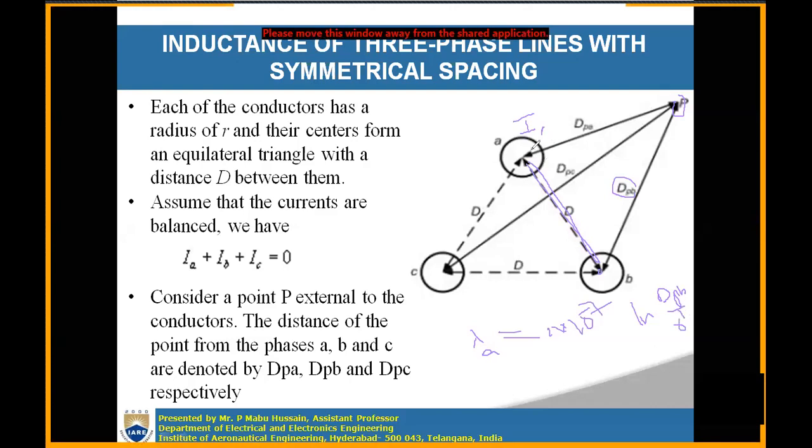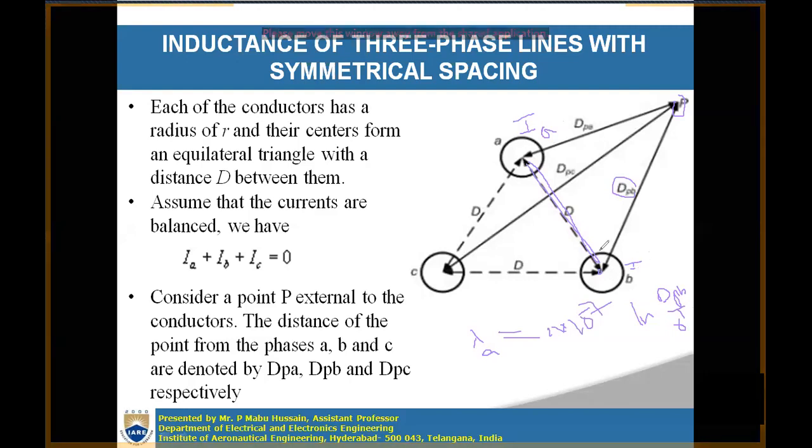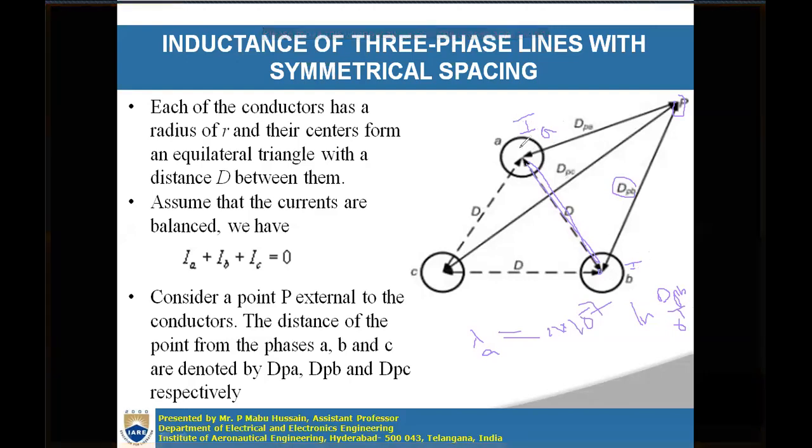Now the flux linked by the conductor not only depends upon the current flowing through IA, it also depends upon IB. When current flows through conductor B, flux will develop, and that flux will also affect the conductor A flux.